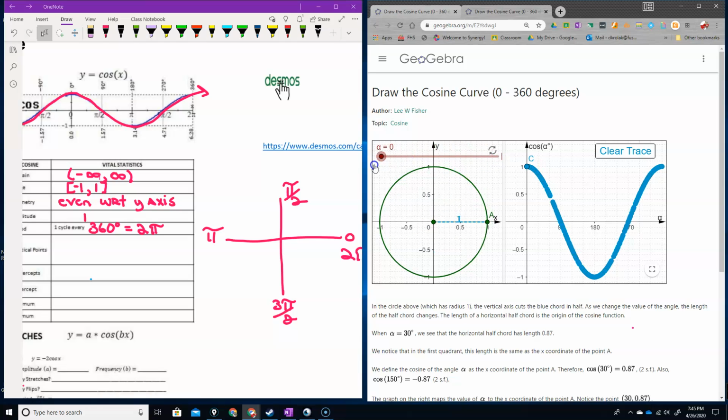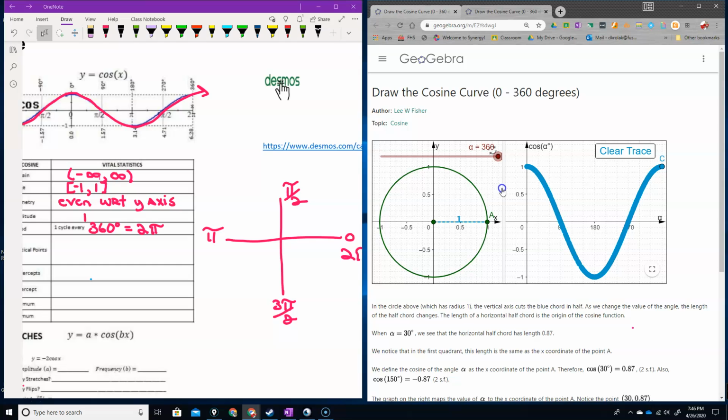So it's (0, 1). Then at 90 or pi over 2, it's 0. Then at 180, it's negative 1. And then at 270, at 3 pi over 2, it's 0 again. And then at 360, it's back to 1.